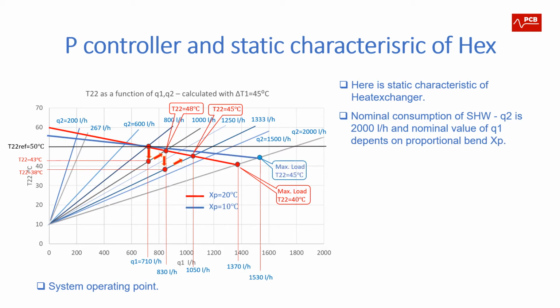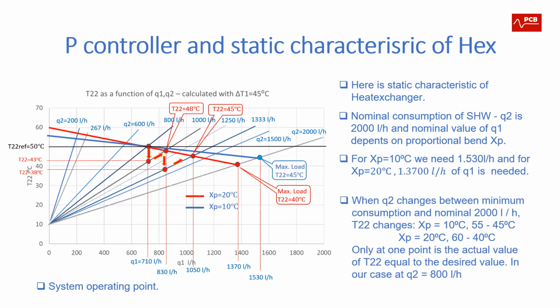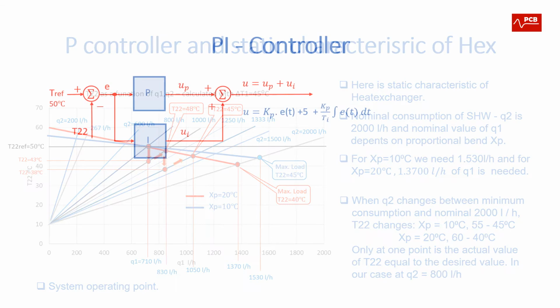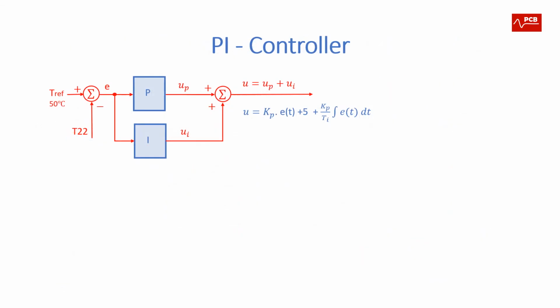So we can reduce the errors by reducing the proportional band. But we must be careful, as we said before, because the system can become unstable. We are looking for a controller that eliminates the error.